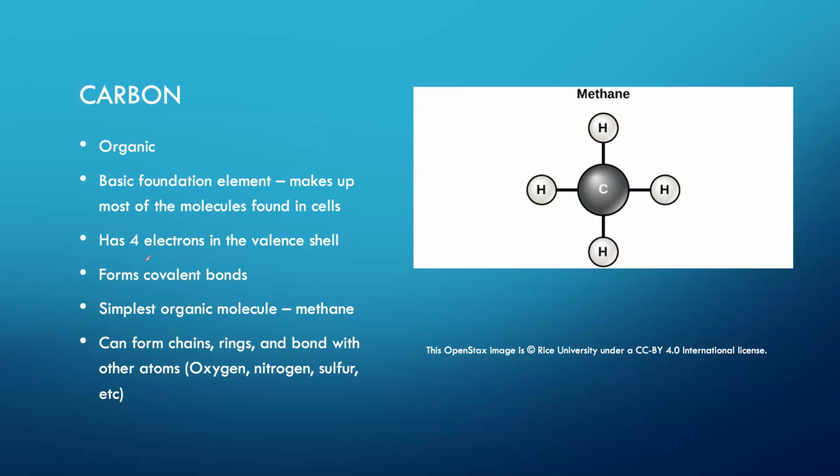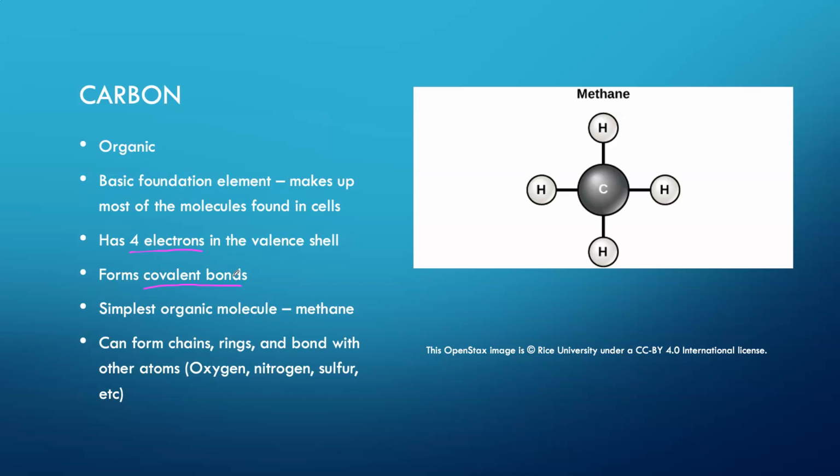Well, if you think back to when we talked about protons and electrons and bonding, it has 4 electrons in its valence shell, which means essentially we would say if you were thinking about putting molecules together, that it can make 4 bonds. So as you see here, each of the 4 bonds of carbon is bonding to another atom of hydrogen. Now these are covalent bonds. They're very strong bonds. Which is important in these molecules, and it can bond to many other things besides hydrogen.